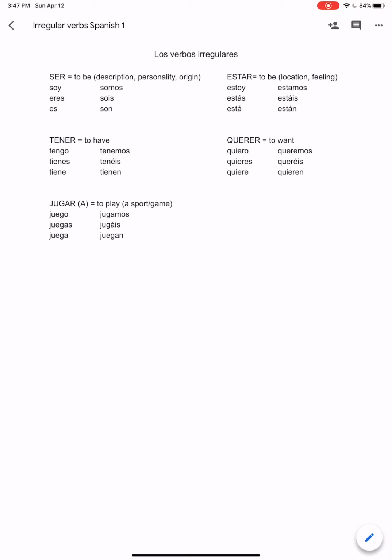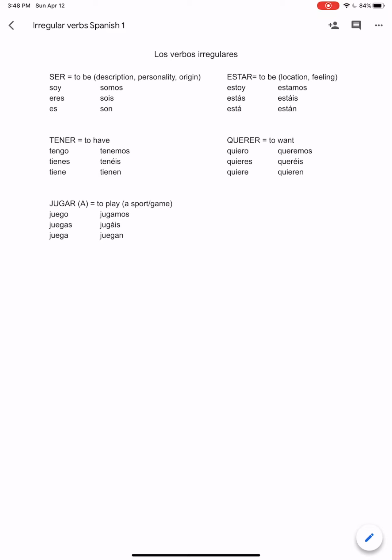The stem changes from T-E-N to T-I-E-N. So we get tienes, tiene, and then in the ellos, ellas, and ustedes form, tienen. Finally, for nosotros, we have the original stem, and we have our appropriate ER verb ending, so we get tenemos. And in the vosotros form, we get tenéis.